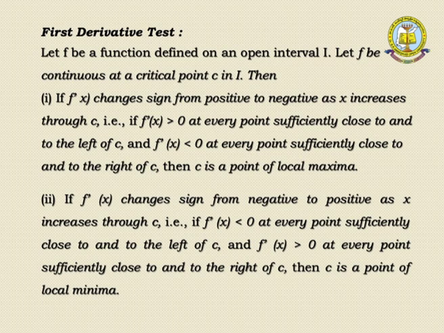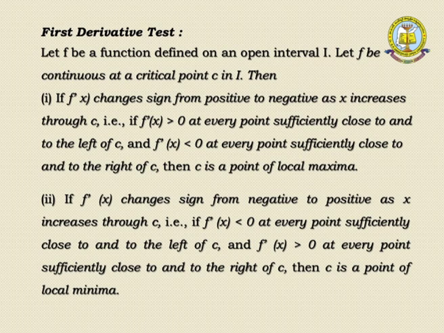Here, suppose f is a function defined on an open interval I. Let f be a continuous function at a critical point c in I. Then, if f dash x changes sign from positive to negative as x increases through c, that is, if f dash x is greater than 0 at every point sufficiently close to and to the left of c, and f dash x is less than 0 at every point sufficiently close to and to the right of c, then c is a point of local maxima.